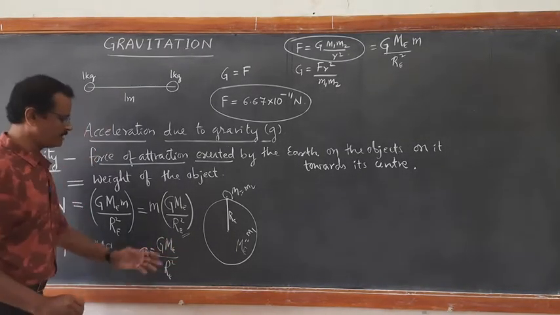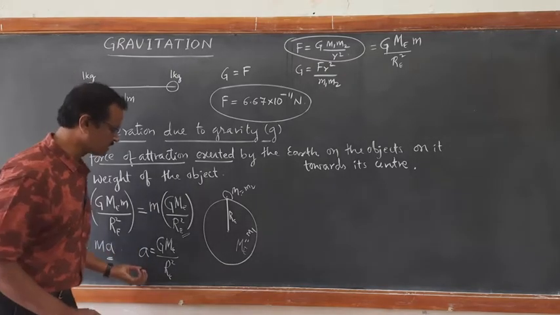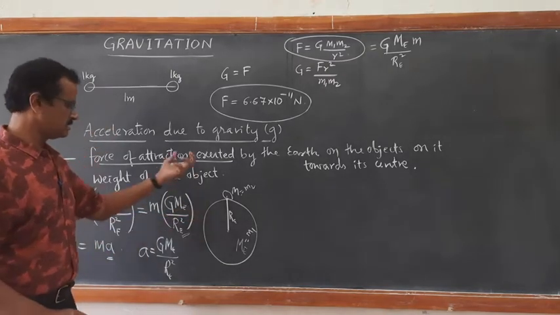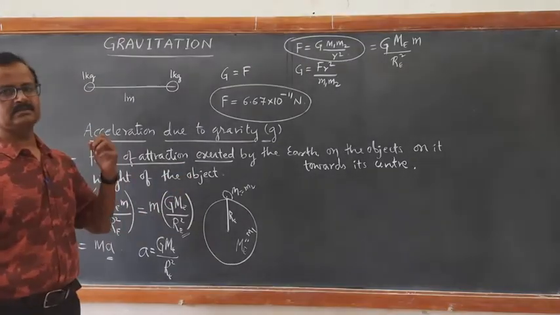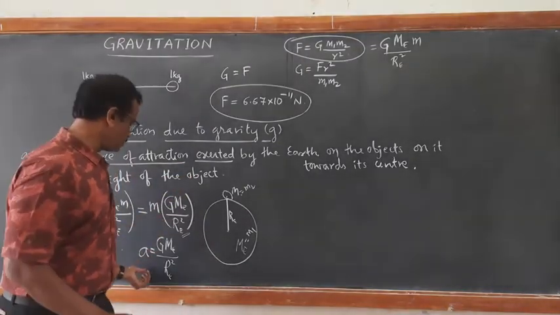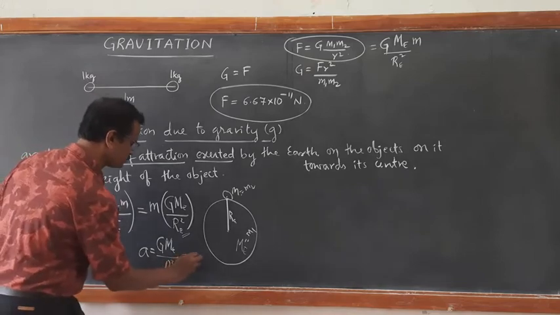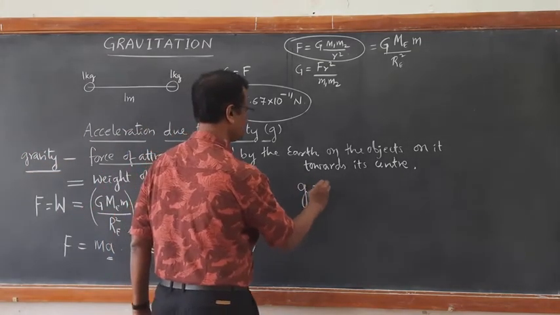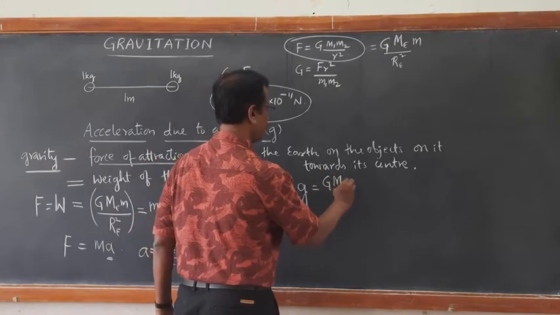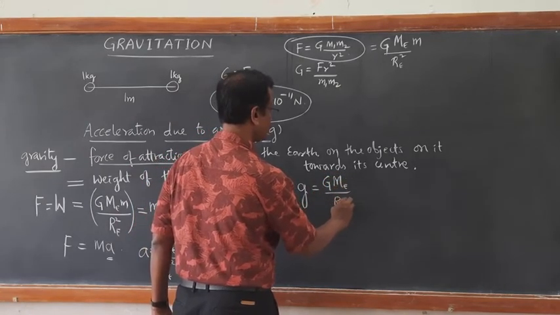GME upon RE square is the acceleration with which an object is falling towards the earth, towards the center of the earth. So that is what we call acceleration due to gravity g. Therefore, acceleration due to gravity g is denoted as GME upon RE square.